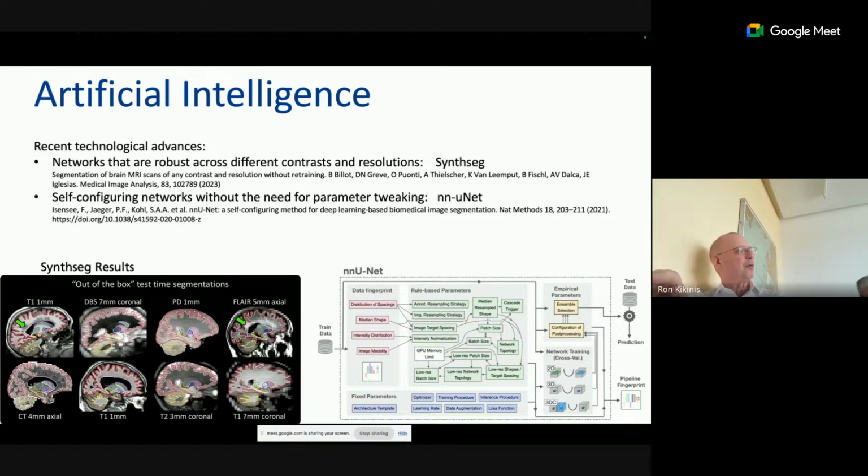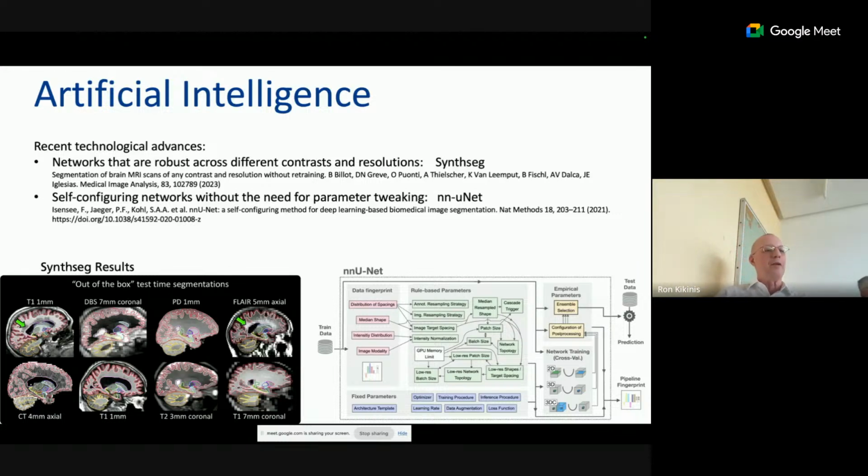This allows you to synthetically create, let's say, proton density weighted images out of a T1 weighted image. And in contrast to FreeSurfer, which takes several hours to run, this algorithm will do the inference on your laptop in a few minutes. So one of the advantages of trained networks done right is that you can accelerate the processing.